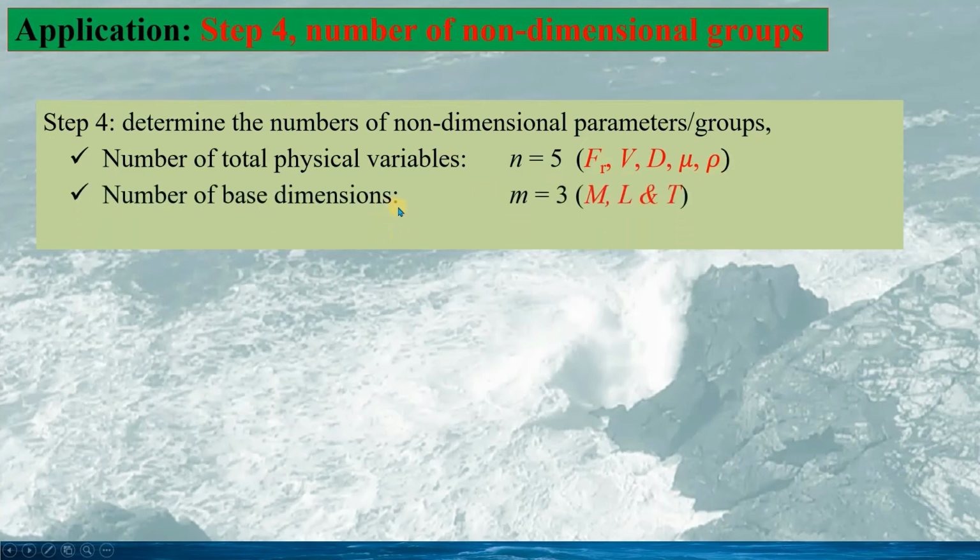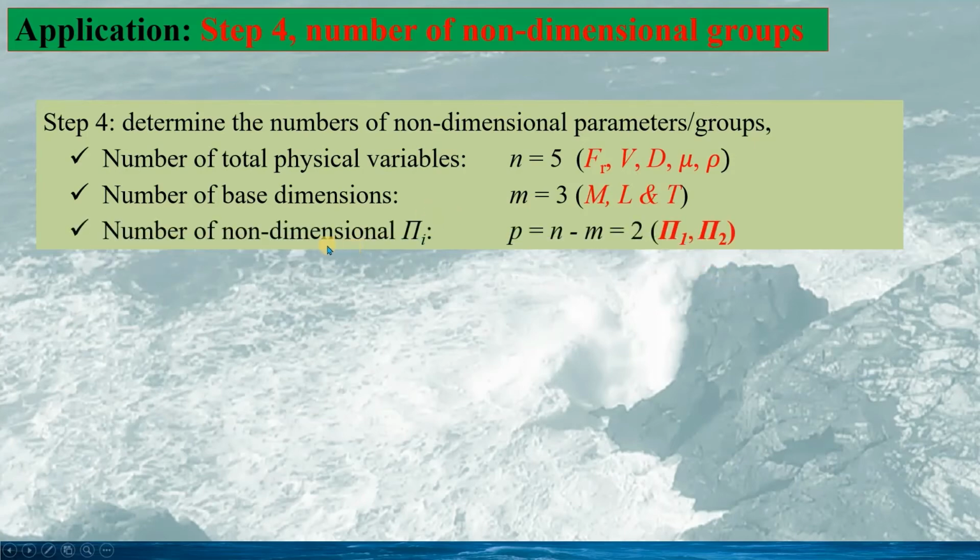And also, we have identified the number of base units, mass, length, and time, so m is equal to 3. Therefore, we should have the number of the non-dimensional parameters pi, p, equal to n minus m, equal to 2.